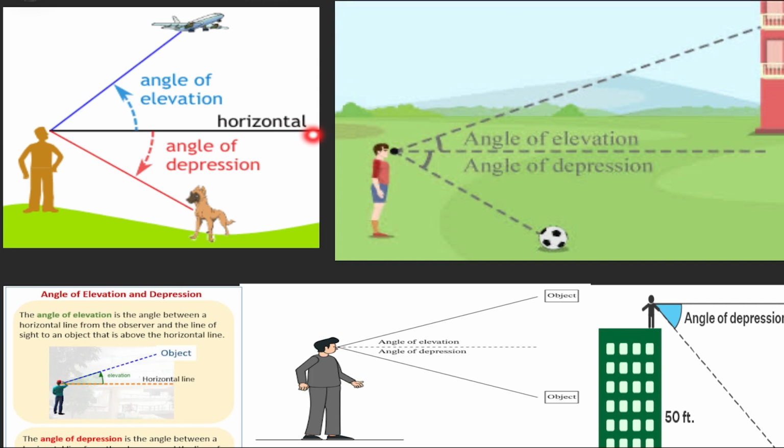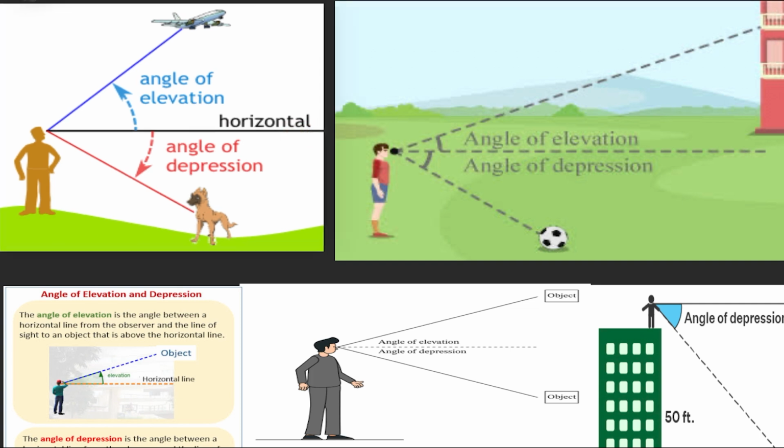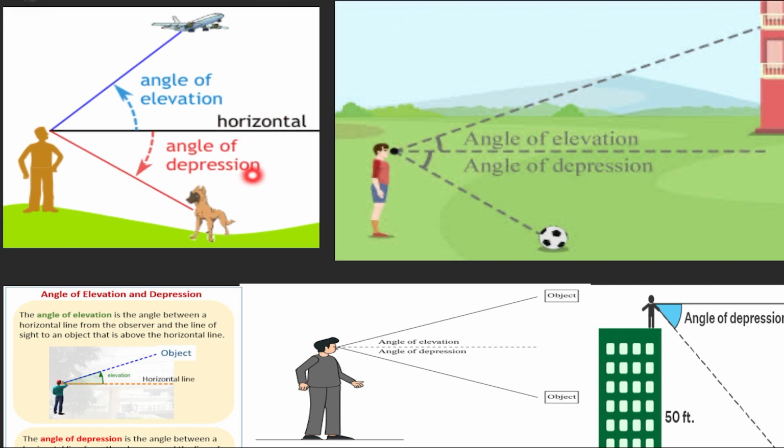I take it as horizontal. From that horizontal line, I will be judging which is the angle of elevation and which is the angle of depression. As you all know, when we look above that horizontal line, that is angle of elevation. When I am seeing below that line, it is angle of depression. It is as simple as that.